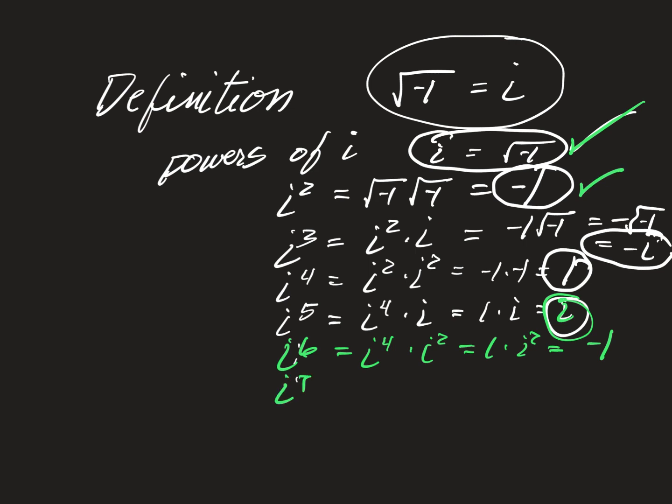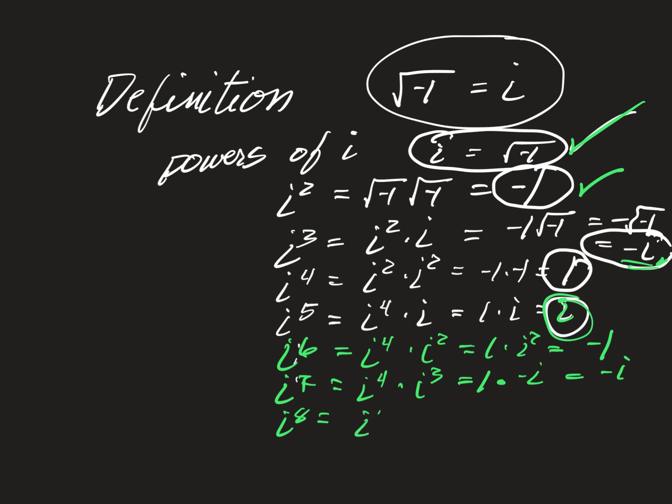What about i to the seventh? Well, that's i to the fourth times i cubed, which is 1 times, and i cubed is -i right there. So we get -i. In other words, we get what we got for i cubed. What's i to the eighth?